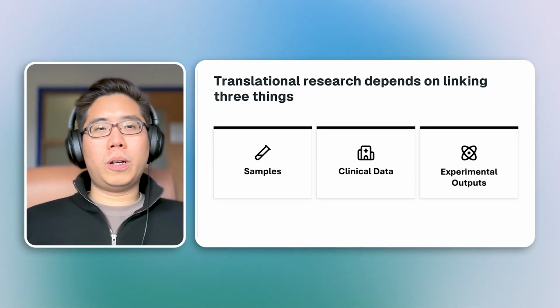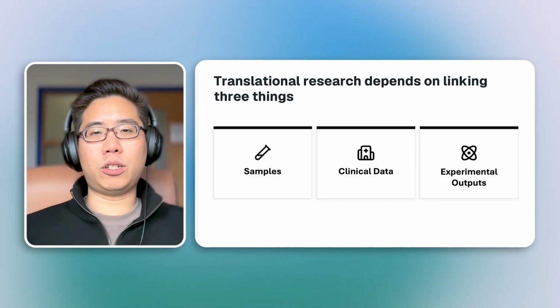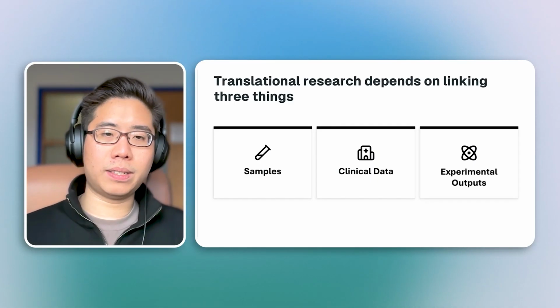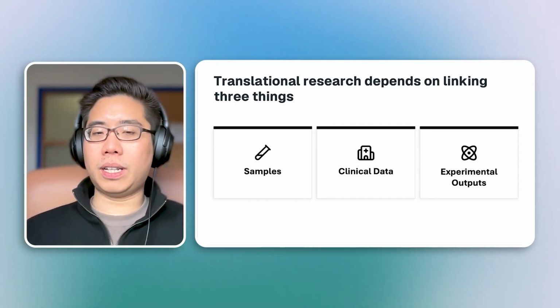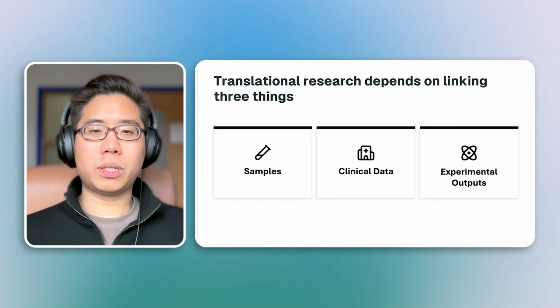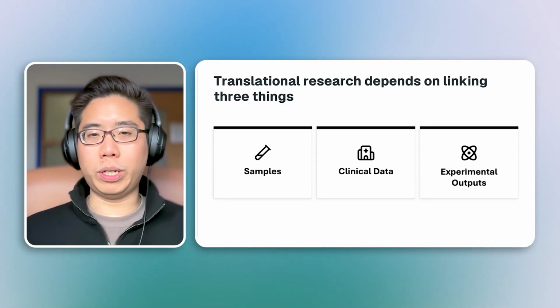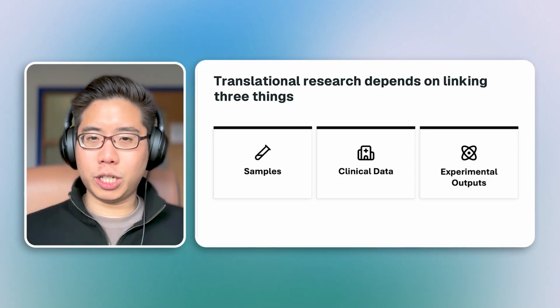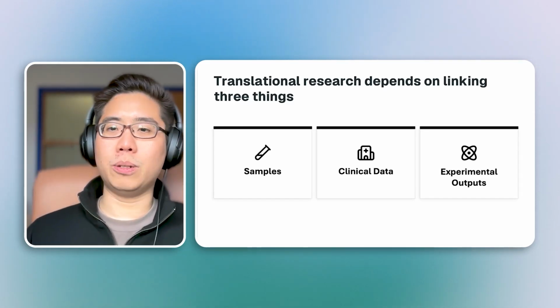Now, at its core, translational research depends on linking three things. We've got samples, whether these are blood tests, stool tests, saliva tests. We've got clinical data, including phenotypes, disease outcome, treatment, as well as other modalities such as radiology images and endoscopy videos.